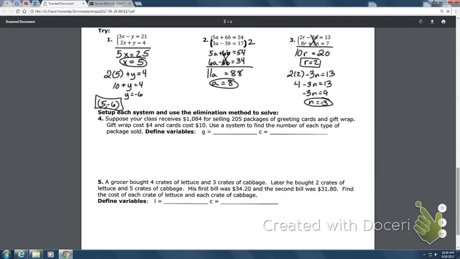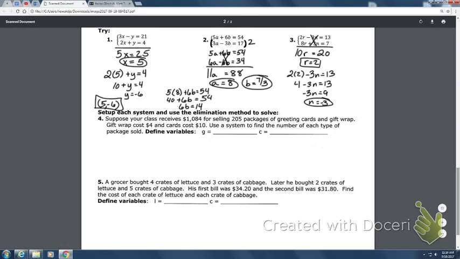And then I would need to plug that back in to either equation. Solve for B. If you got a decimal, do not freak out. It's either 7/3 or 2.333.